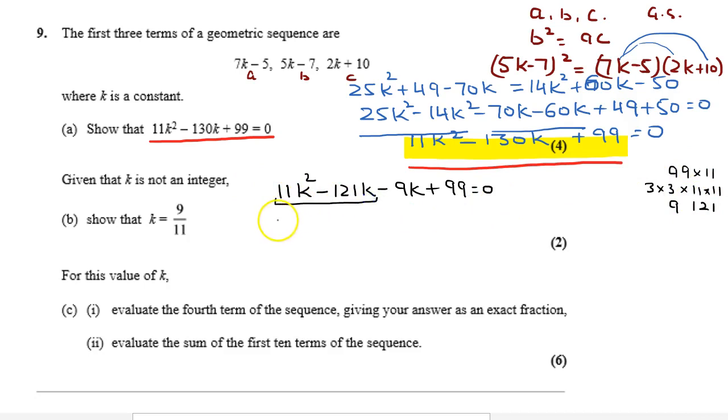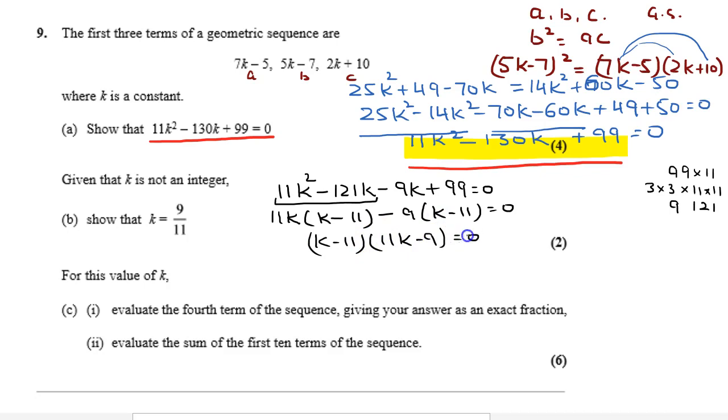Now here we can take 11k common. So this is k minus 11, minus 9 common, so k minus 11 is equal to 0. So this is k minus 11 and 11k minus 9 is equal to 0.